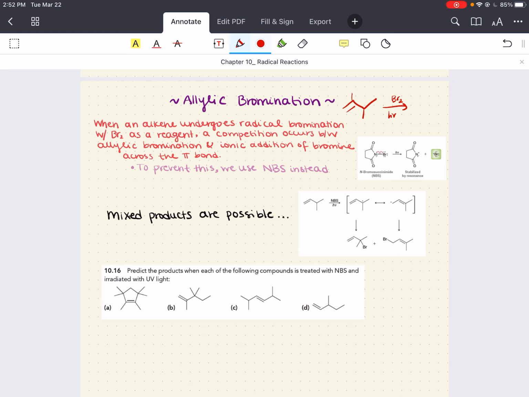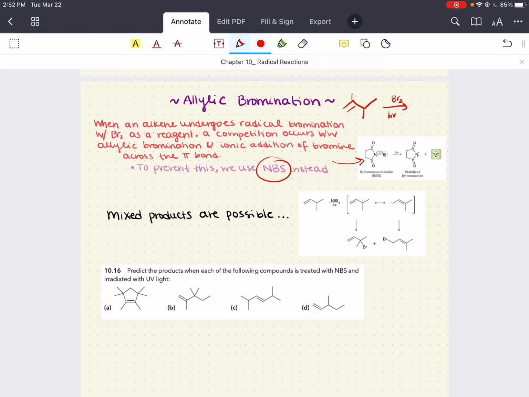To prevent this, we have to use a different reagent for radical bromination of alkenes. This reagent is called N-bromosuccinimide, or in other words, in shortened, NBS. NBS looks something like this. This is gonna be a very, very useful technique that we're gonna use and reuse for synthesis problems down the lines.